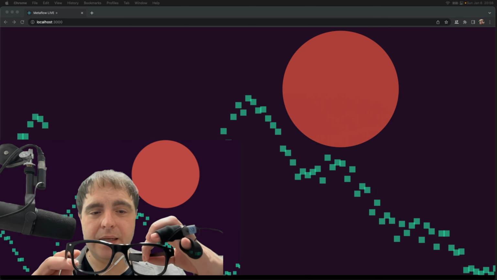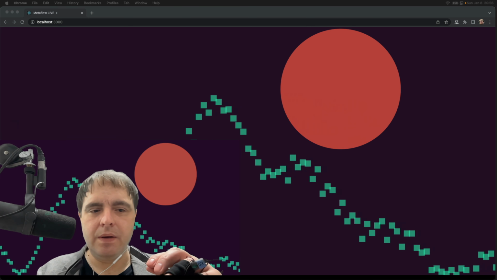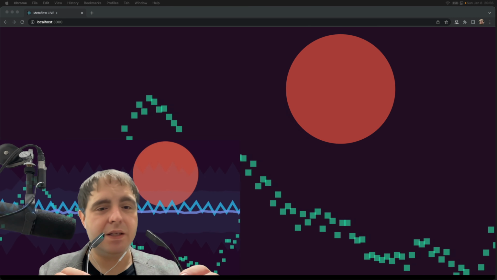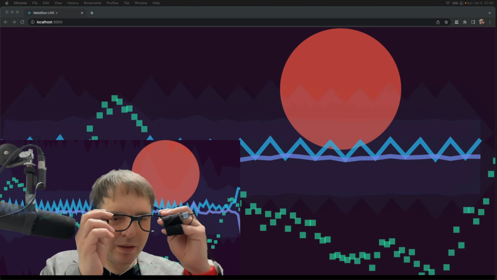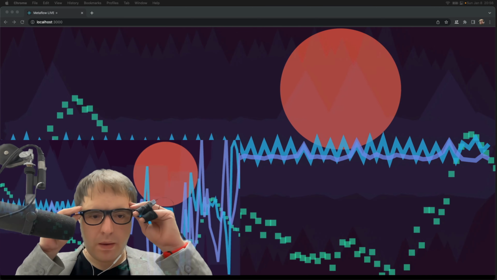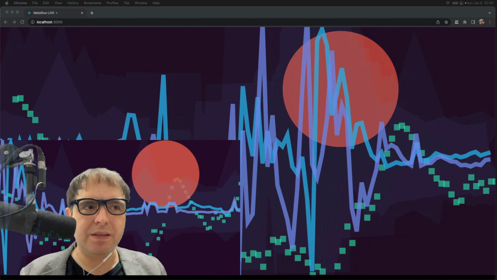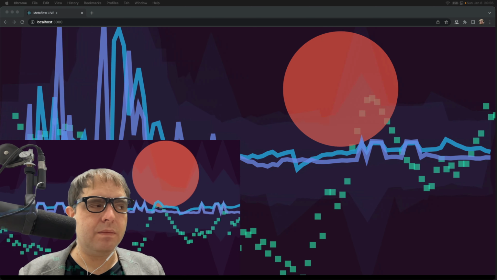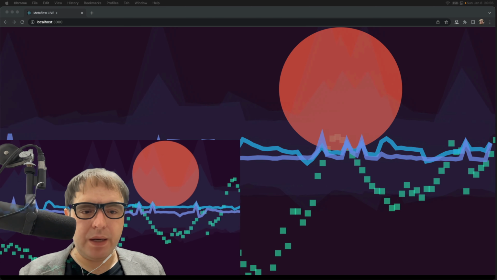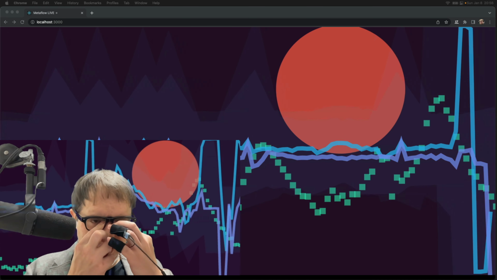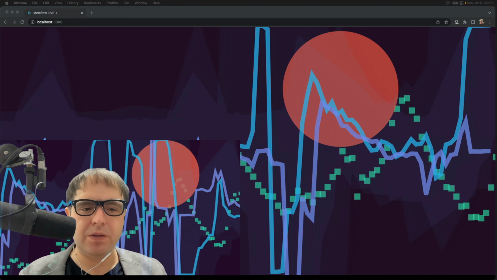So these are the glasses. So you see the stream now coming in. So you see also there's a lot of noise when I put on the glasses. And now if I move, and again a little bit of noise, I have to put in the electrodes correctly.